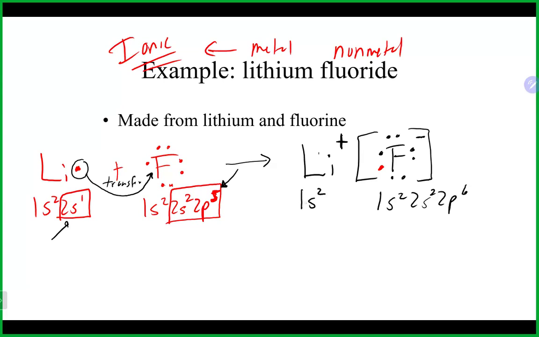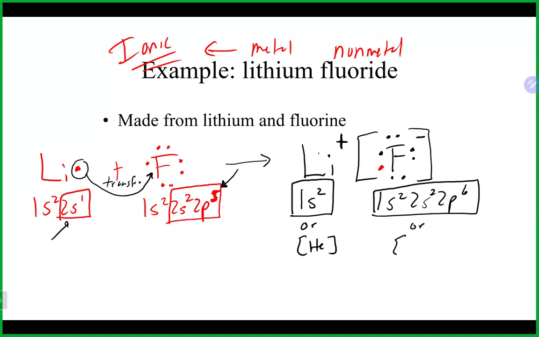Lithium with a +1 charge now has 2 electrons, and on the periodic table, 2 electrons is helium. The fluoride ion now has 10 electrons, and 10 is neon.